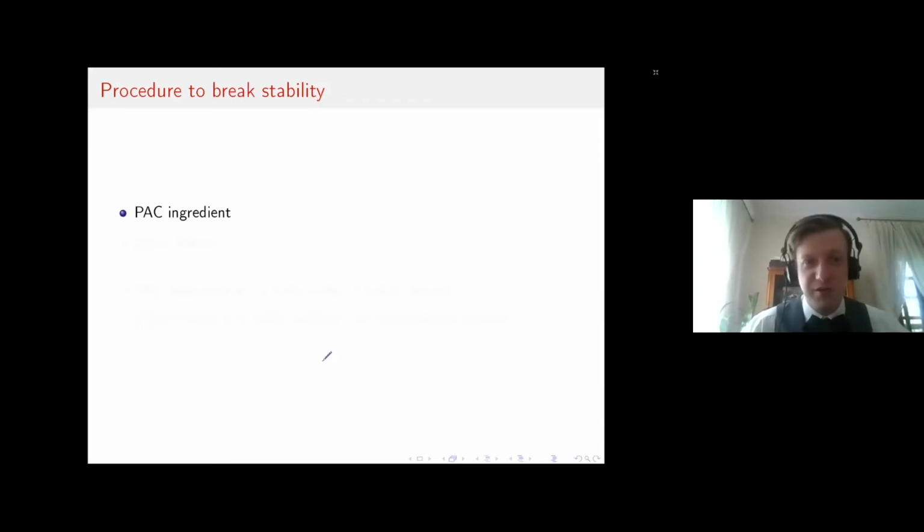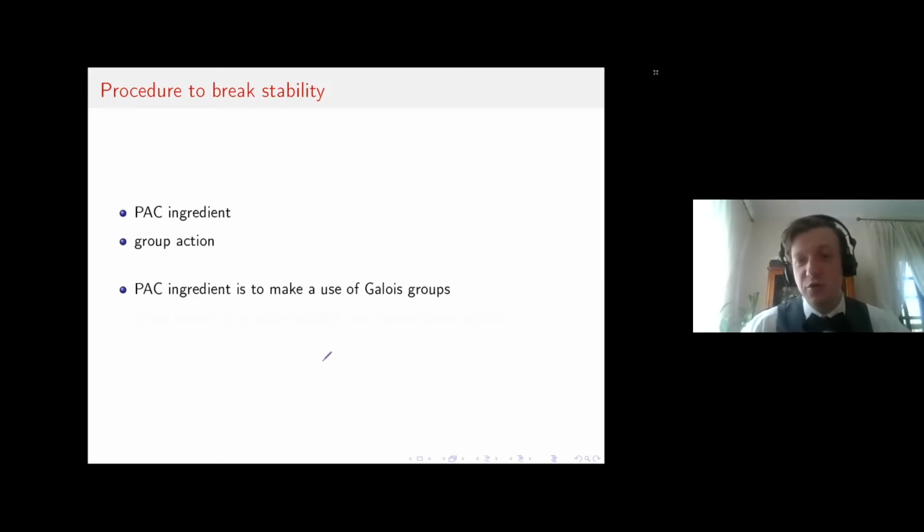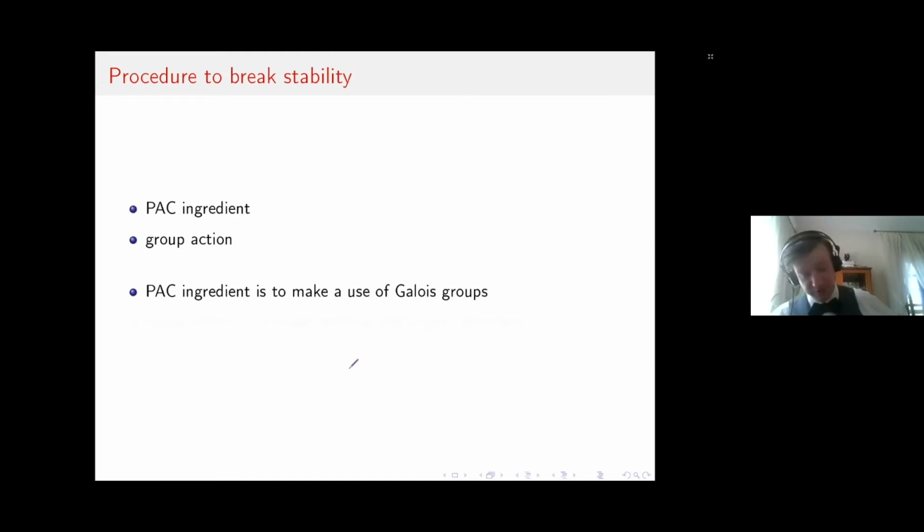The first one is the PAC ingredient, and the second one is group action. The PAC ingredient is to make use of Galois groups. We have absolute Galois groups, and we know that at least for PAC fields, they are controlled by the Galois group.